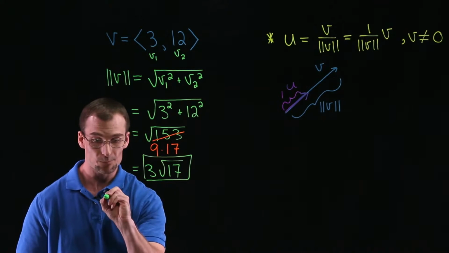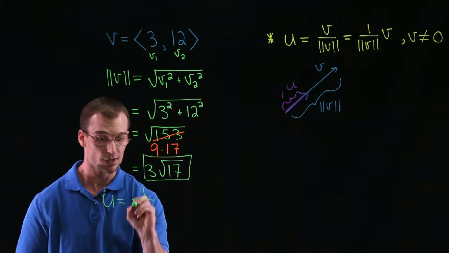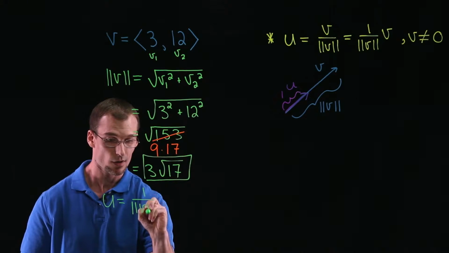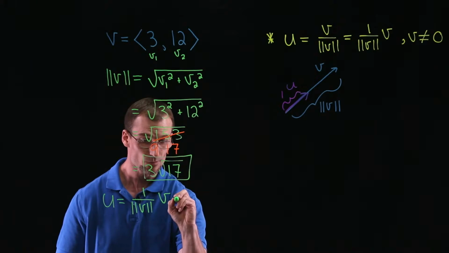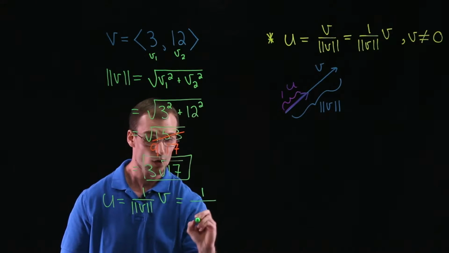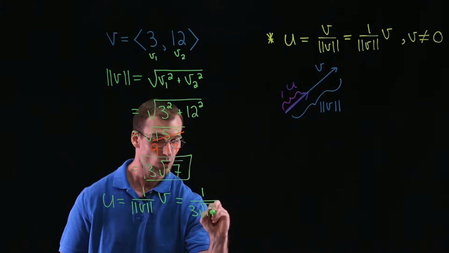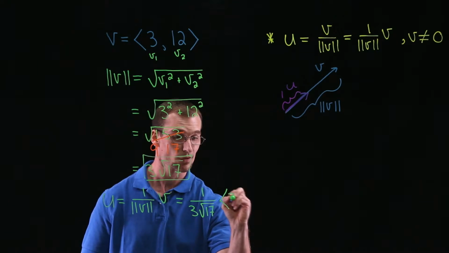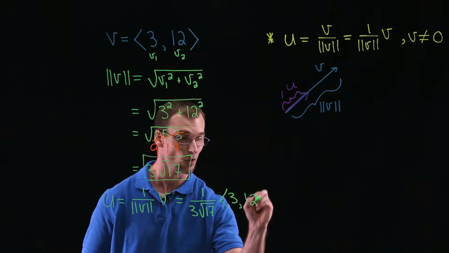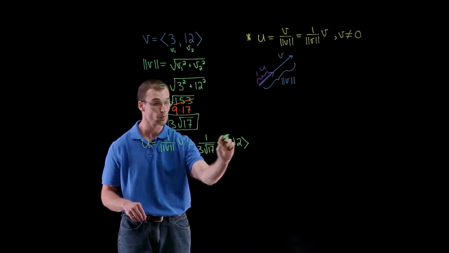Getting back to our formula, our unit vector u is 1 over the magnitude of v times the vector v, which is 1 over 3 root 17, times the vector v, which has components 3 and 12. Now we have a scalar multiplied by a vector.